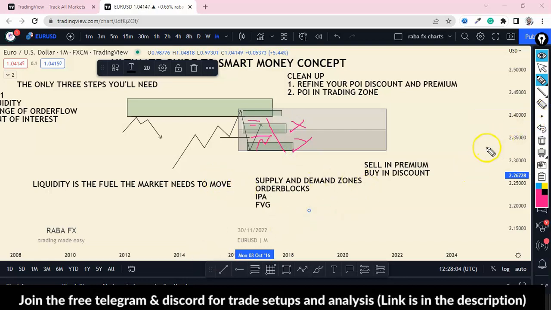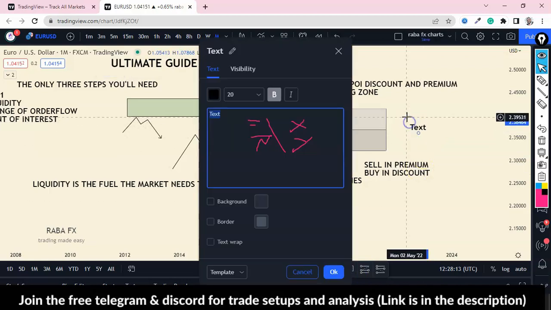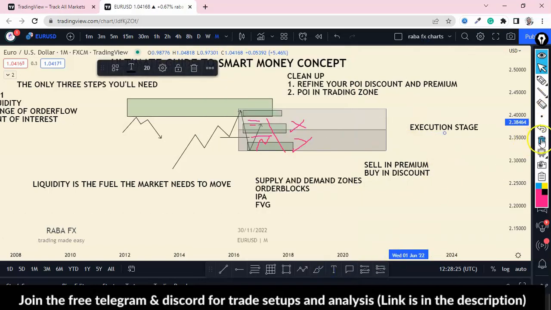Which will take us to the last, the number 3 stage that you need before you can start to press the buy or sell button, and I call it execution. Execution stage. This is where you decide to buy or sell.